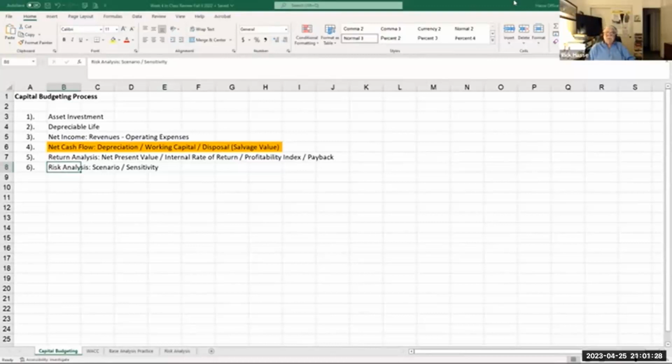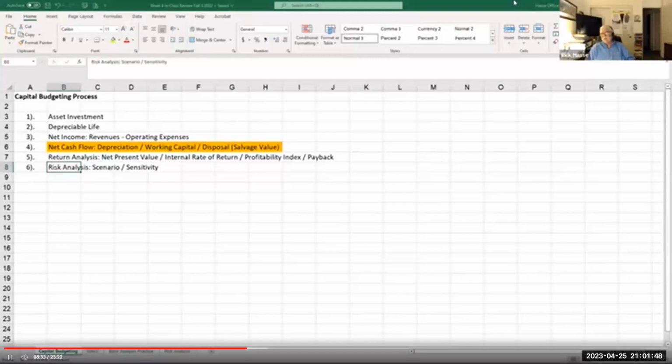That includes working capital, salvage value. And then once you compile the net cash flow per year, what is the net present value? What is the percentage return? What is the profitability index relative to cost? And how many years does it take you to pay back the initial year zero investment?